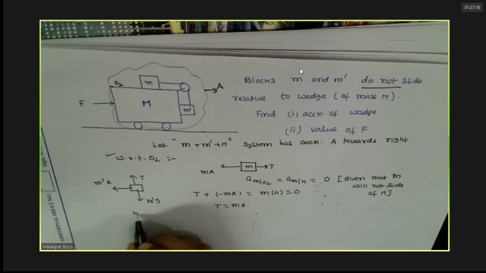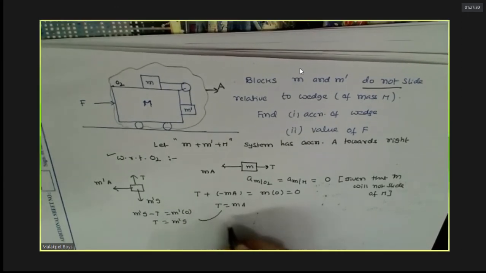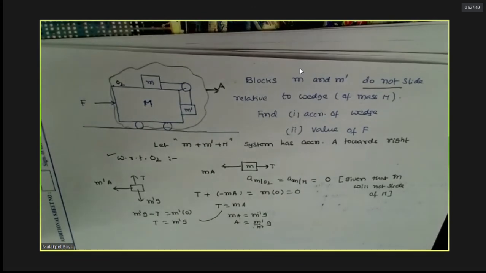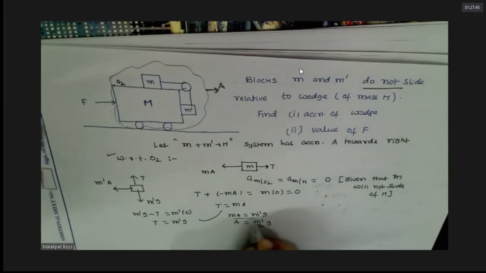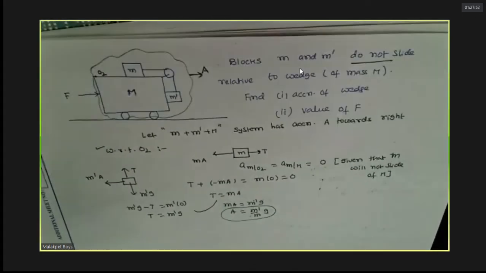So here also m dash a minus T. M dash is not accelerating now. Therefore, what is T? T is m dash g. From this equation, what do you have? M dash by m into g. Do you agree with this? Yes, sir.